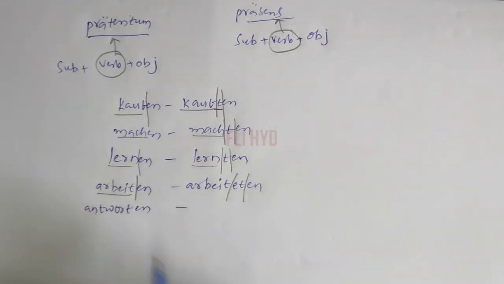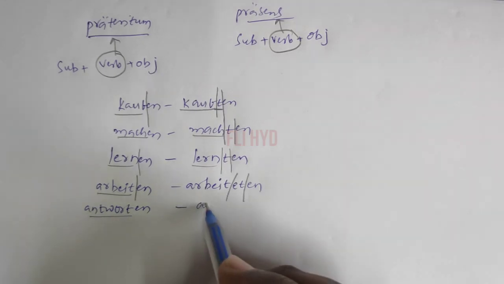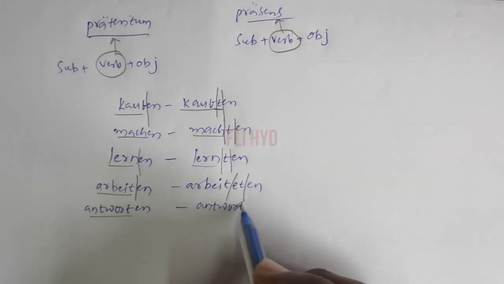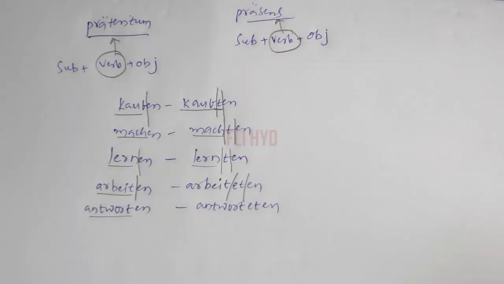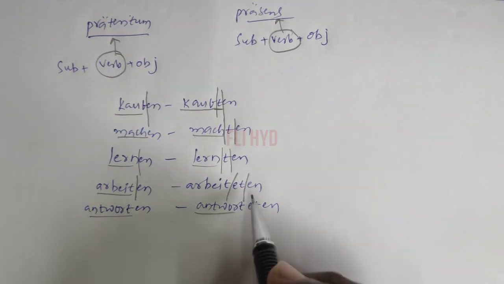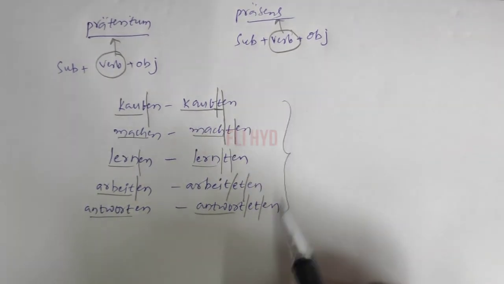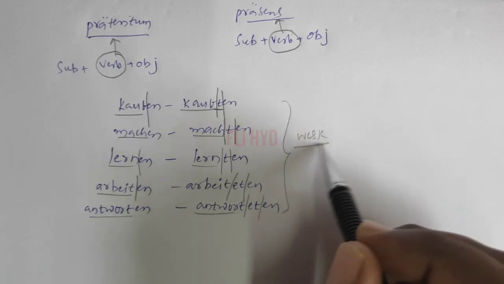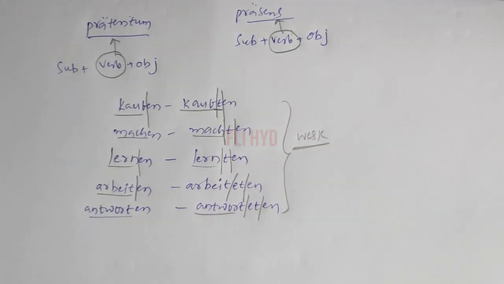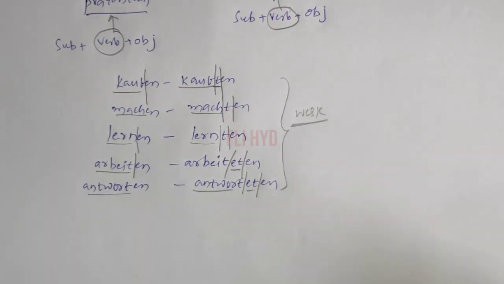The stem is antwort, so again it is antwort plus et plus en. Antworten, to reply. The past tense is antworteten. These are all weak verbs. For the weak verbs, the past tense is stem plus t plus en, and if the stem already ends with t, then we add et. Clear?